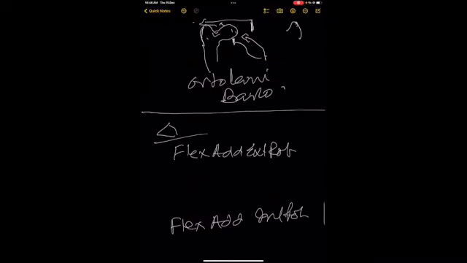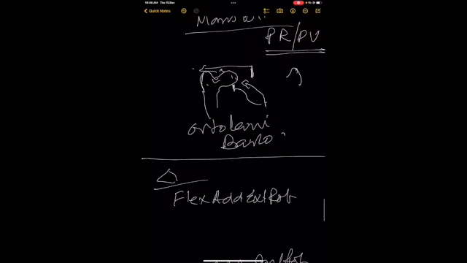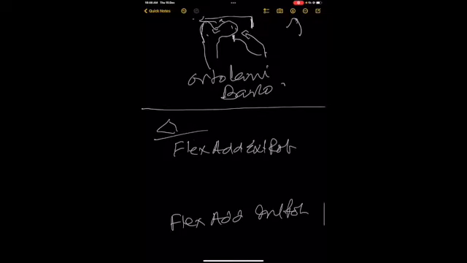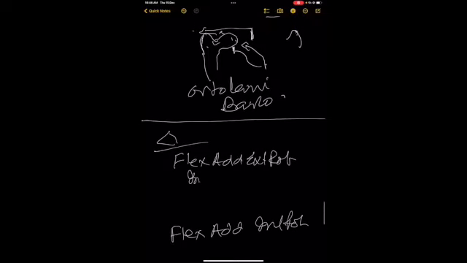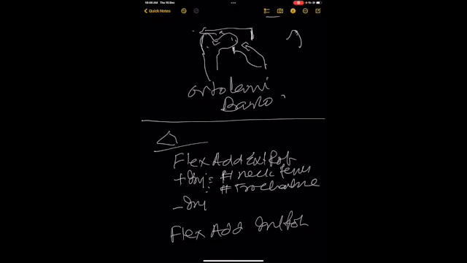Now flexion, adduction, external rotation: if there is history of injury, it is fracture neck femur or fracture trochanteric. If injury is absent, it is adolescent coxa vara or slipped femoral epiphysis or Perthes.